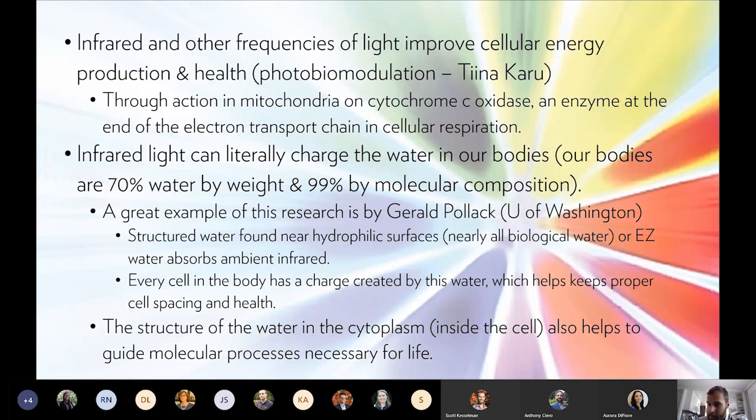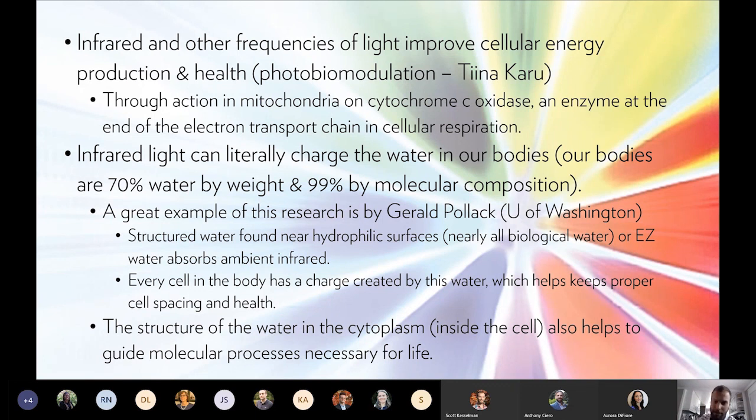There's an enzyme in the electron transport chain, the powerhouse of the cell. There you go, Kelsey. Which is the process that provides us cellular energy, and it can receive infrared light and some other wavelengths.